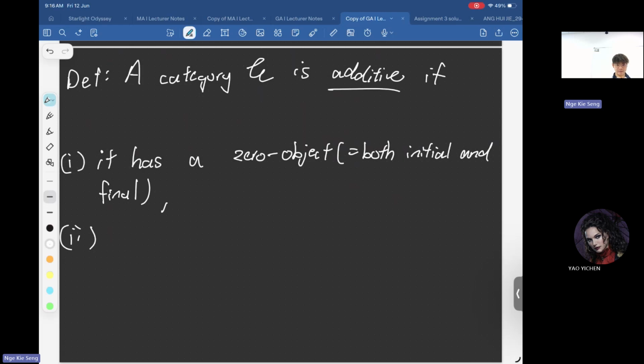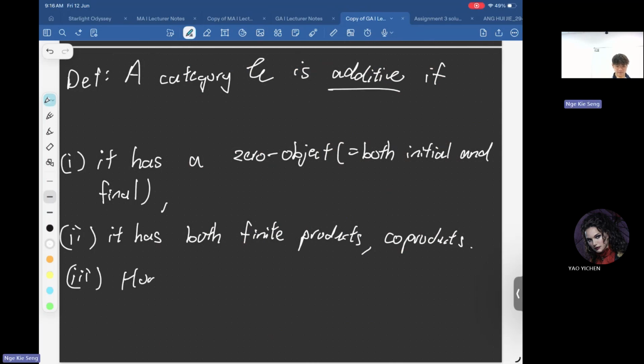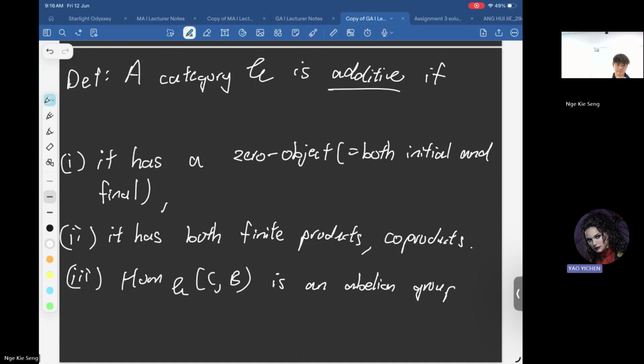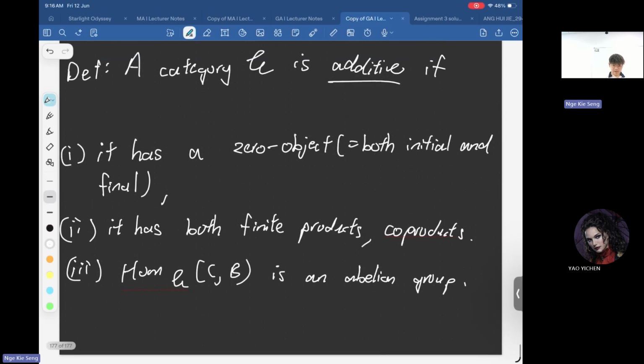Second, it has both finite products and co-products. And third, the hom space is an abelian group, such that the composition maps are bilinear. Here maybe you can give some examples and non-examples.